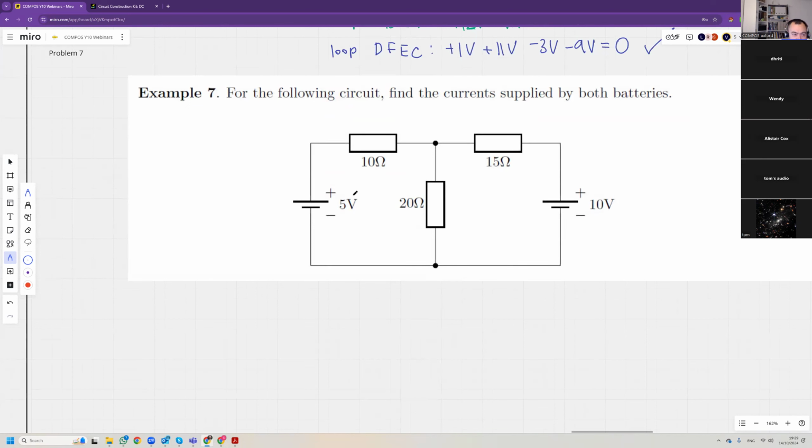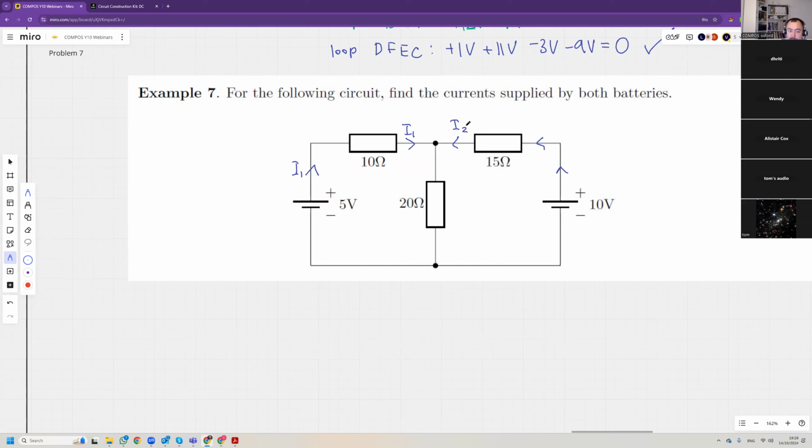We need to choose the direction for currents. So let's say the current flows that way, and we label this I1. And then here the current is likely to go this way. It doesn't have to be this way.